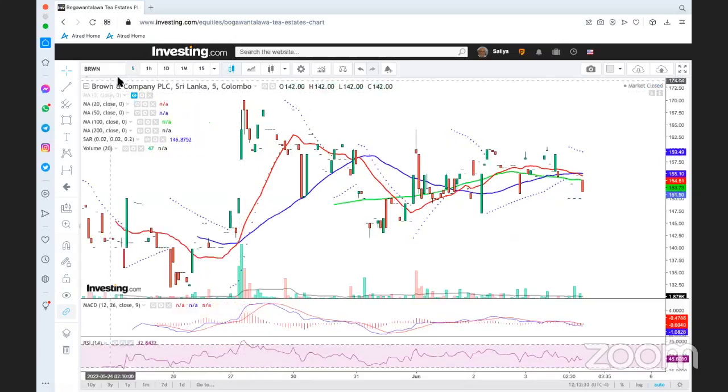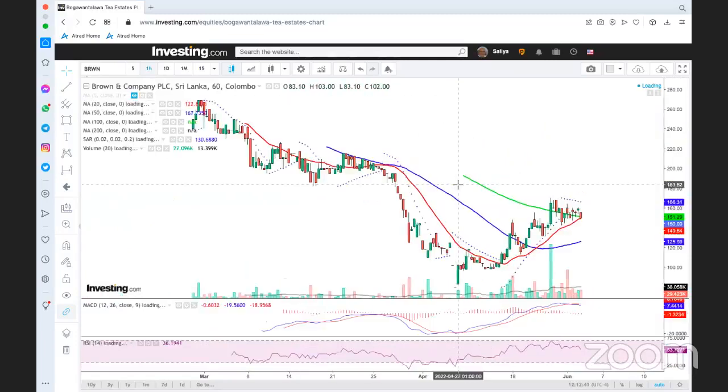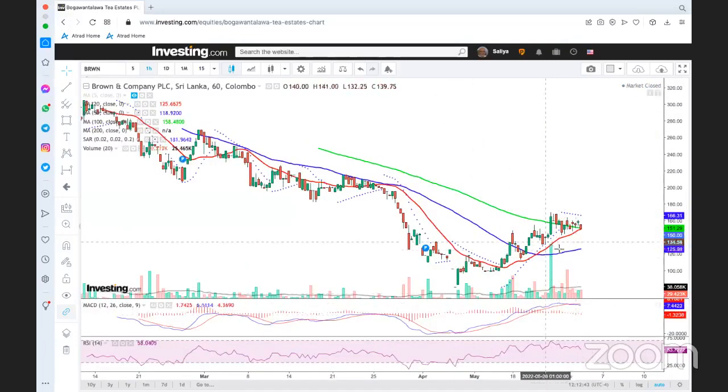Once again, 5 minutes is very short. 15 minutes is a little bit longer than that. If the 1-hour chart is not giving you a signal, one indicator for the prices to build up will be a breakout above this, right? So we need to be mindful of that. Until then, even the shorter time frame charts may not give you any direction.